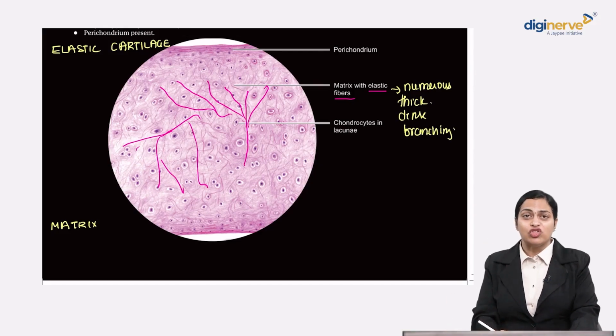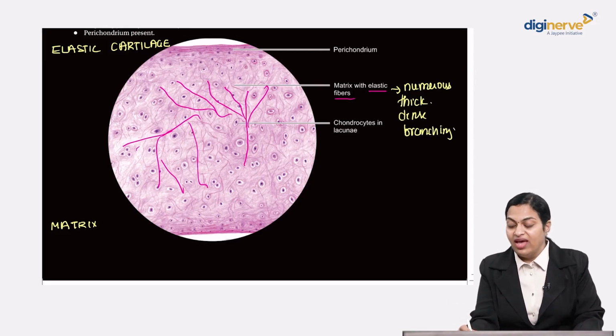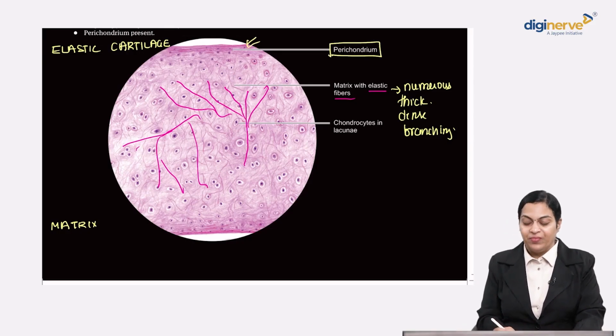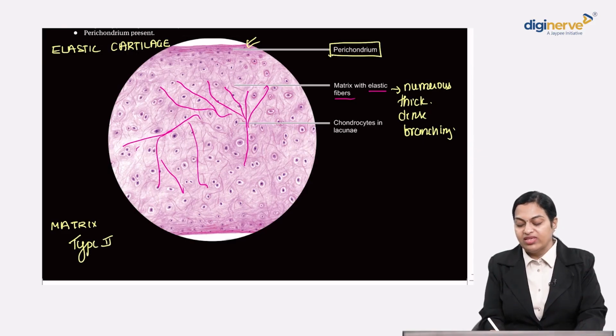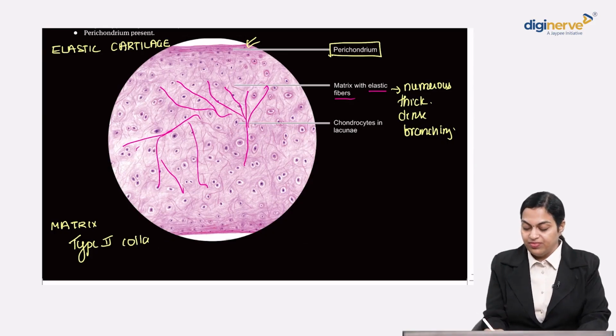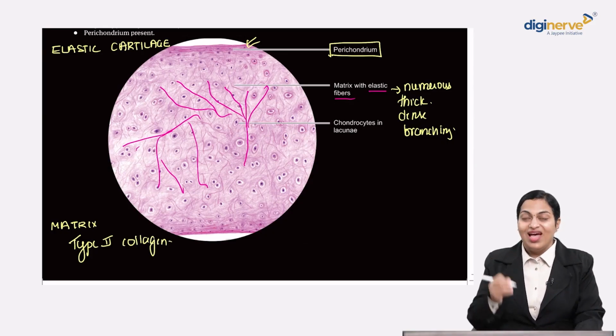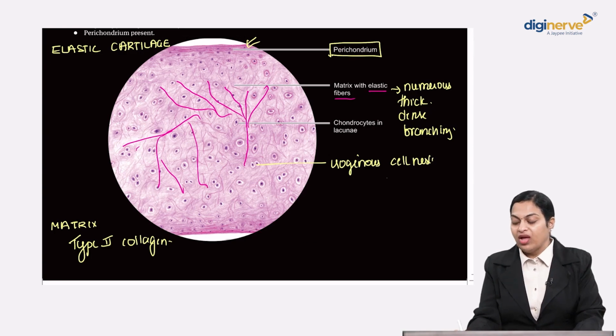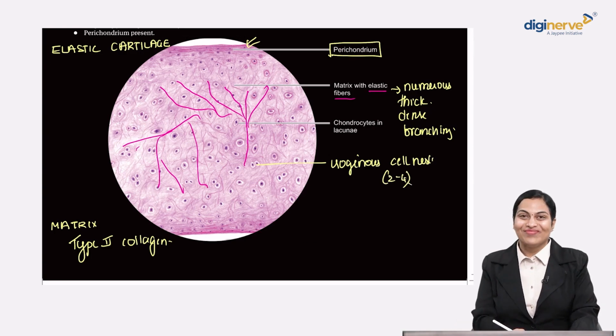Very, very characteristic of elastic cartilage. And as you see here, the perichondrium is present. The matrix will have type 2 collagen fibers. And again, the cells that you see here are arranged as isogenous cell nests, but just fewer in number, 2 to 4.